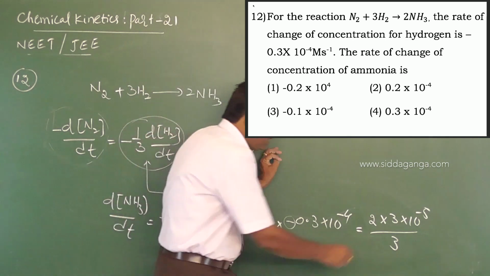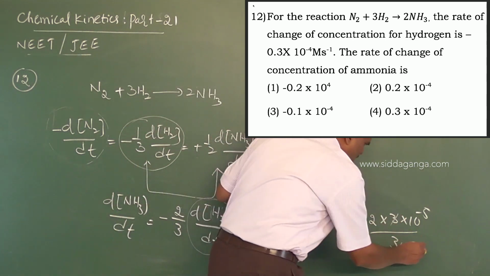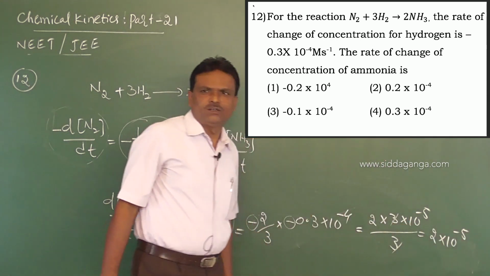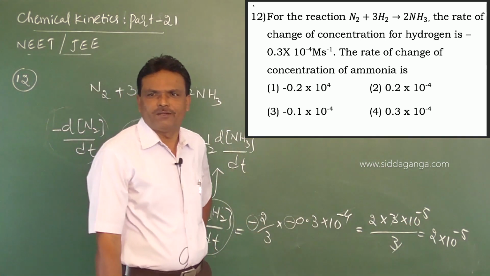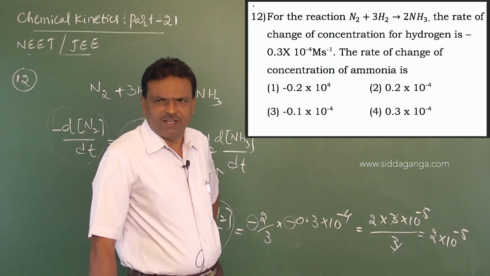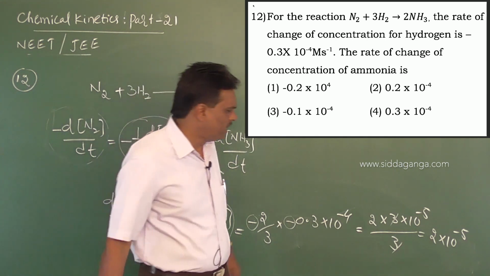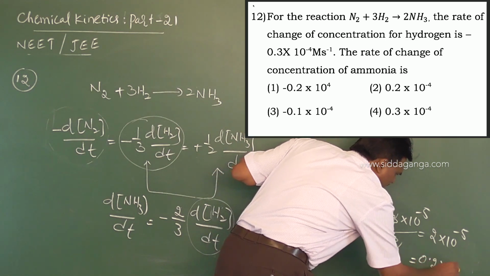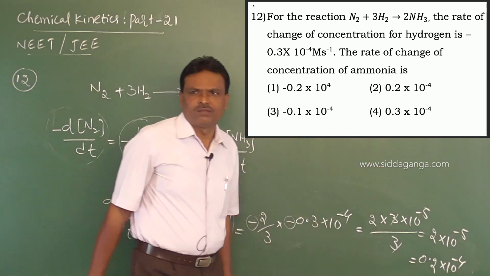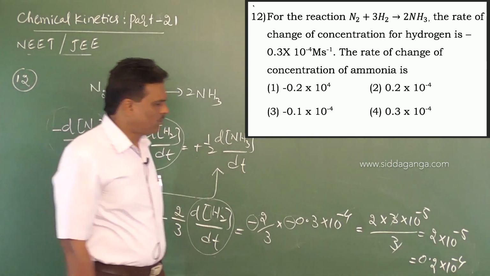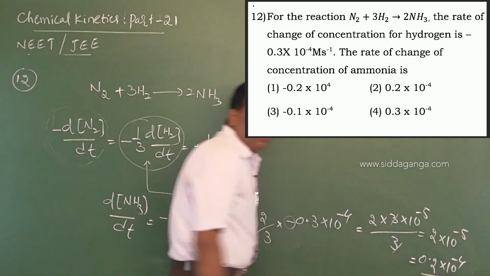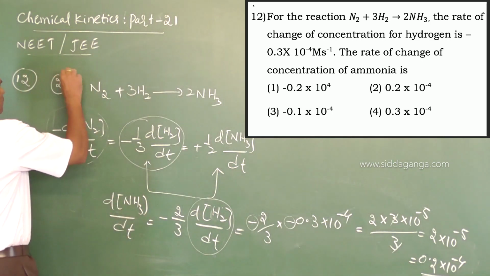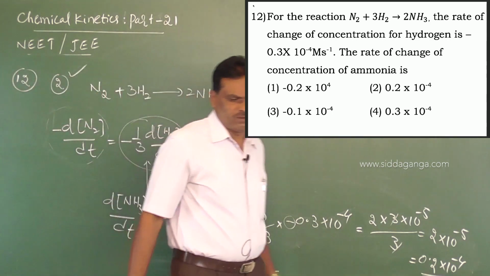Divided by 3, the 3s cancel each other, so we get 2 into 10 to the power of minus 5, which is equal to 0.2 into 10 to the power of minus 4. So this is your answer. So option 2 is the right option for question number 12.